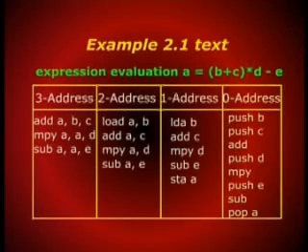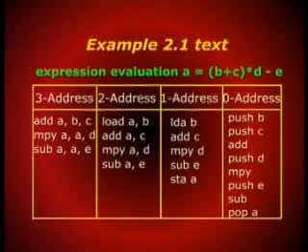Let us now look at the example of executing one instruction using different address schemes. This example is from your textbook. We need to evaluate an expression A equal B plus C multiplied with D minus E. The table shows 4 different implementations.